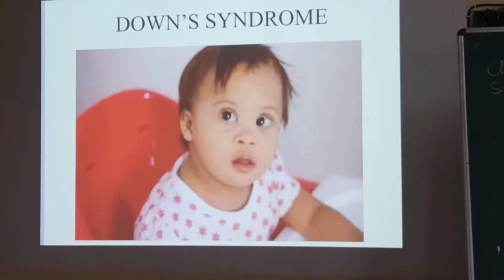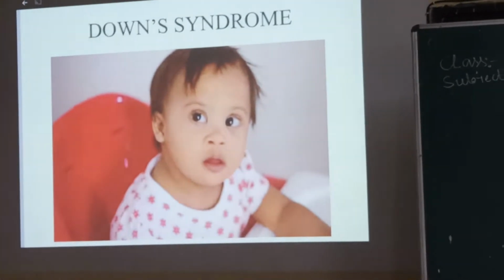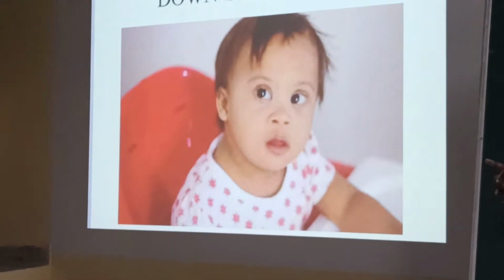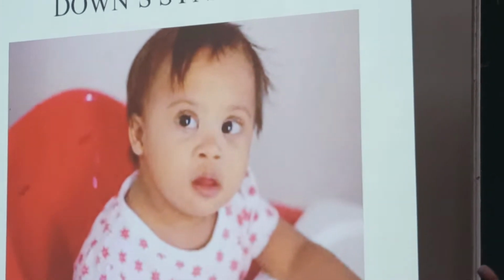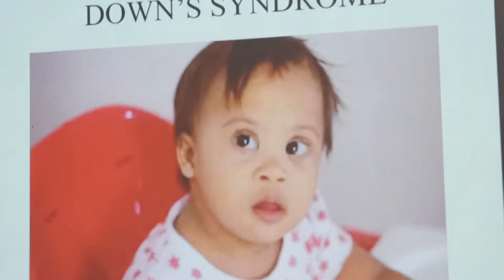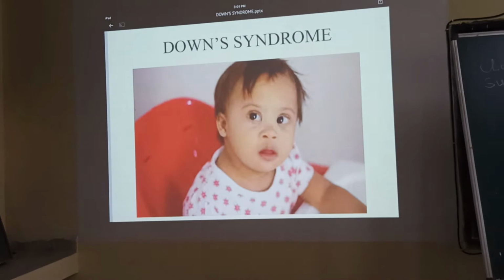So, due to the extra chromosome in the 21st number, 21st trisomy, what is the abnormality? Number 1, the head is small and round in shape. Number 2, the mouth always remains open.